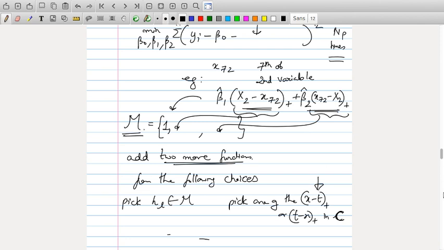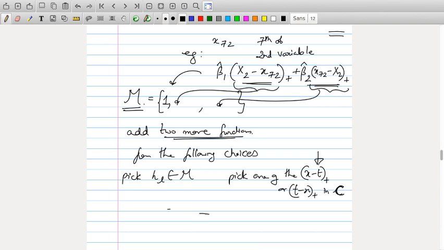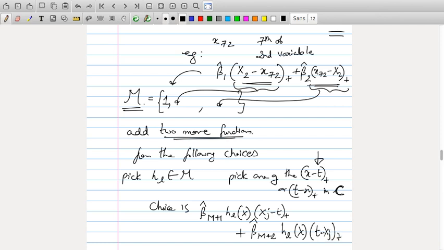So pick one from here, pick one from there, and then you consider your choice: beta hat m plus 1 HL of x times xj minus t plus, beta hat m plus 2 HL of x times t minus xj plus.